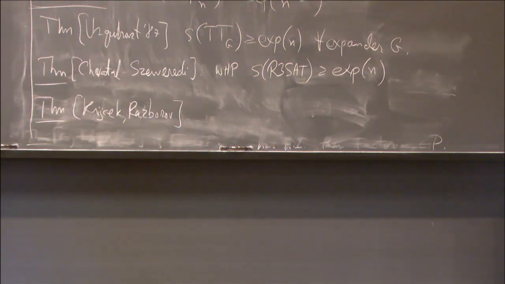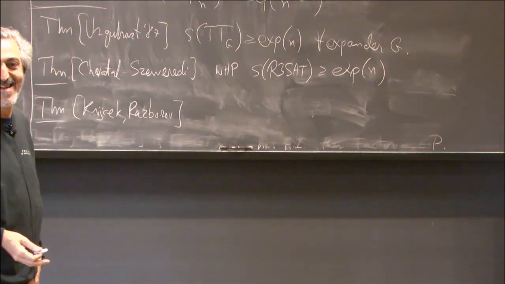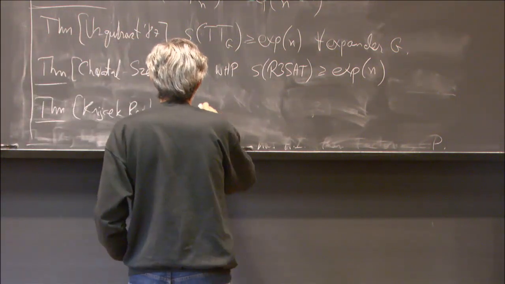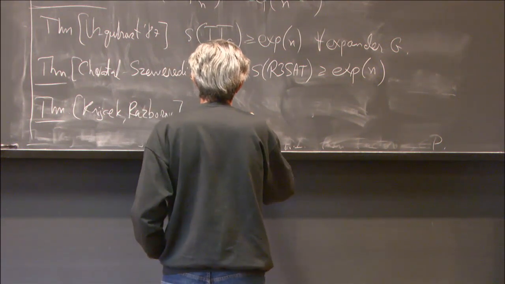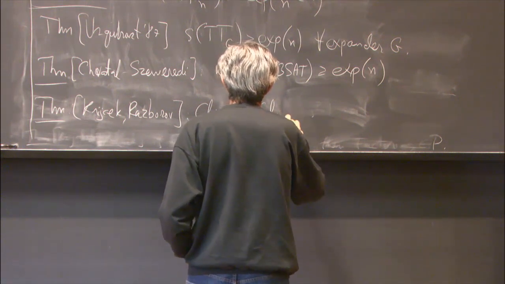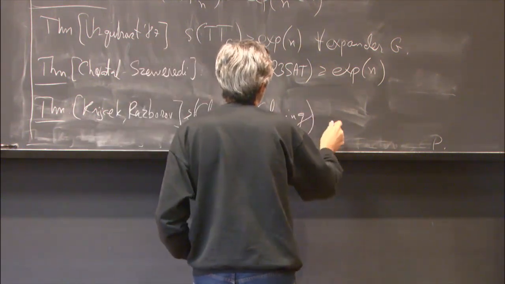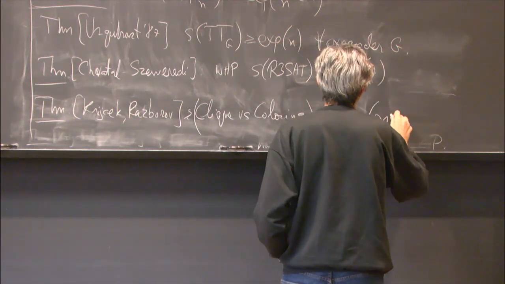It's really independent, even though I think I have a reference for Krajíček. It's the clique versus coloring. So the size of this tautology is exponential in n to the omega of 1.